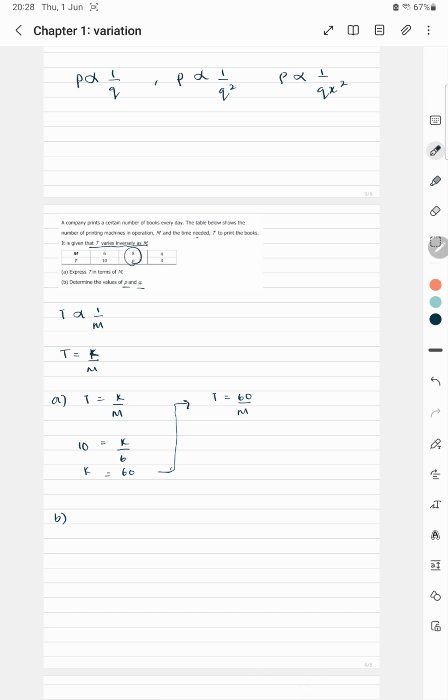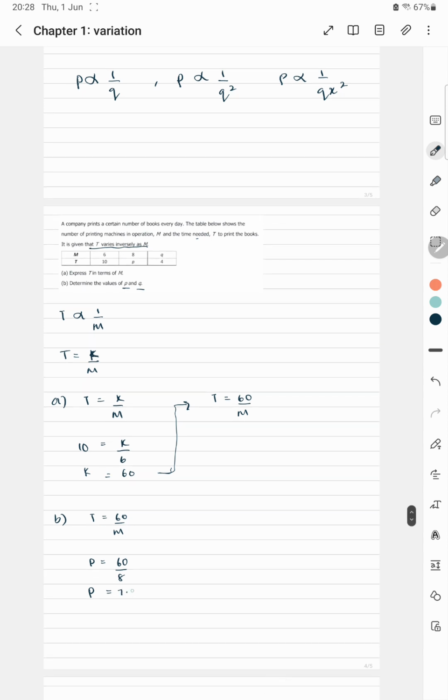So we substitute this into this to find p. So t is equivalent to p and m is equivalent to 8. Then calculate it. I'm getting the answer 7.5. Then we find q as well.